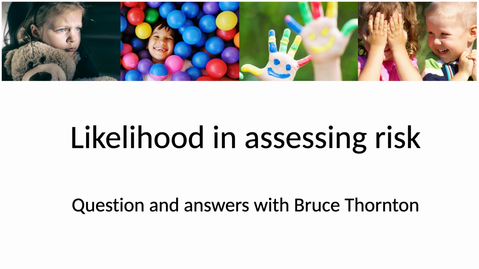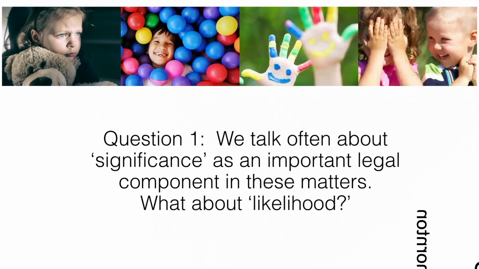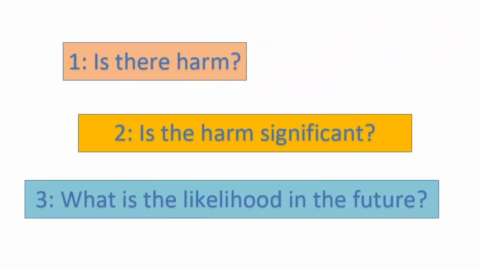In this conversation, we focus on the word likelihood and how case law can help us understand how to interpret it in practice. Bruce: we often talk about significance as an important legal component in these matters. What about likelihood? I think there are at least three of these components.